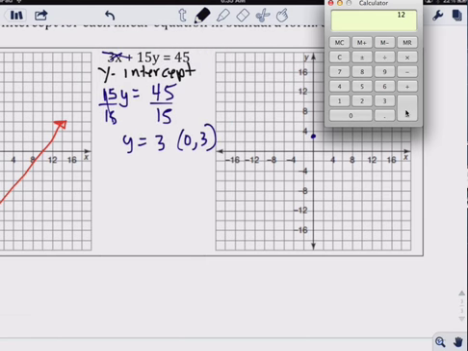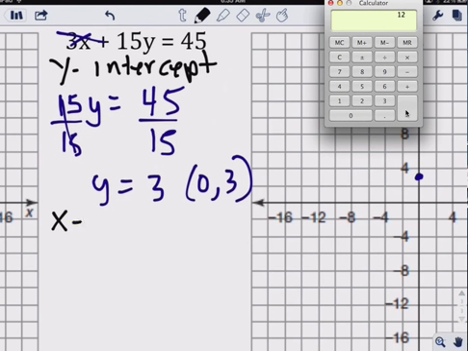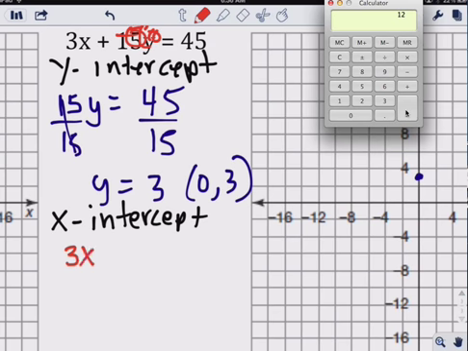X-axis. X-intercept, sorry, is when y is 0, and 0 times 15 is 0, so that's 0, so it's 3x plus 0 is 3x equals 45.